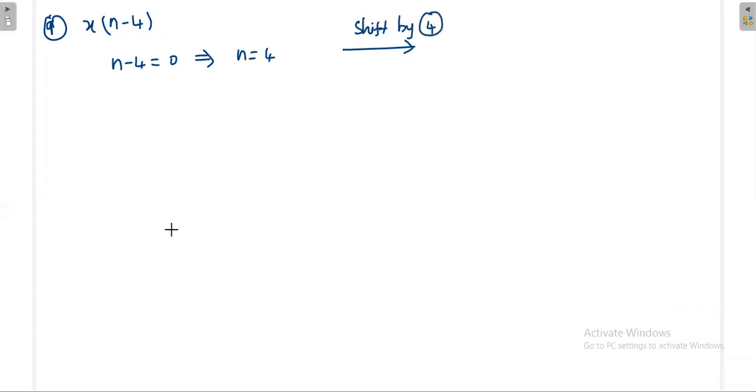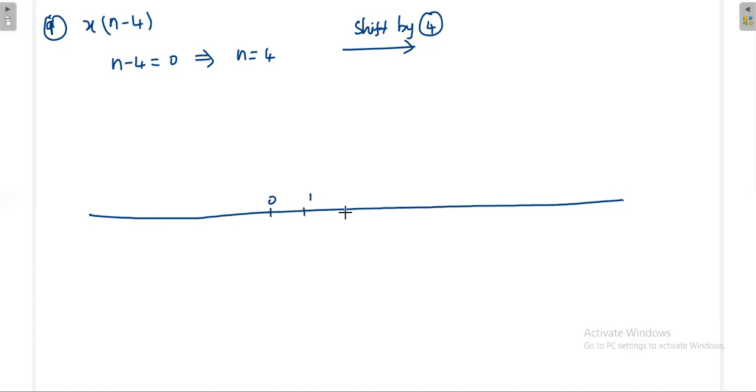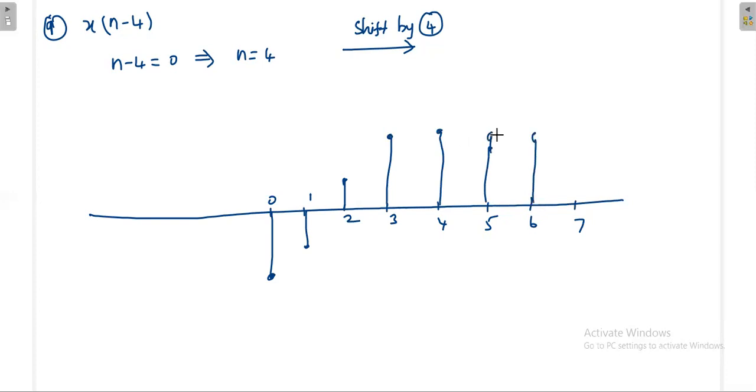Once you shift that, your answer will be like this: 0, 1, 2, 3, 4, 5, 6, 7. In the beginning you get this value, which is minus 1 by 2, then all are 1, and finally this is 1 by 2. So this is x of n minus 4.